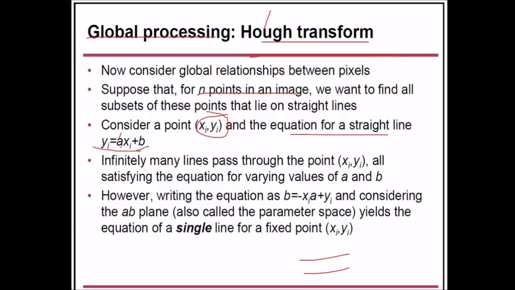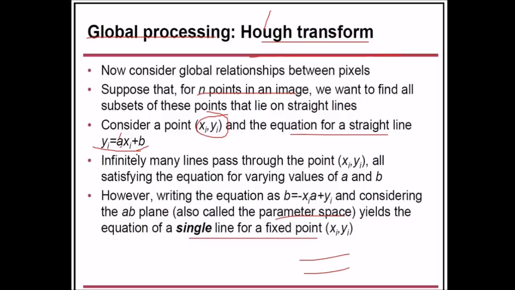However, we are writing the equation as b equals minus xa plus y, just rearranging it, and considering the ab plane, which is also called the parameter space, it yields the equation of a single line for a fixed point xi, yi.